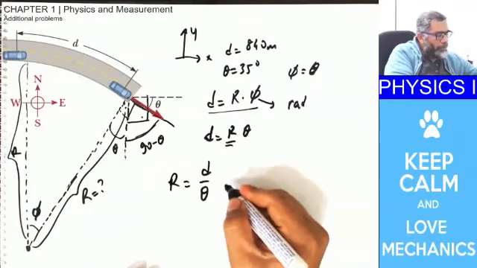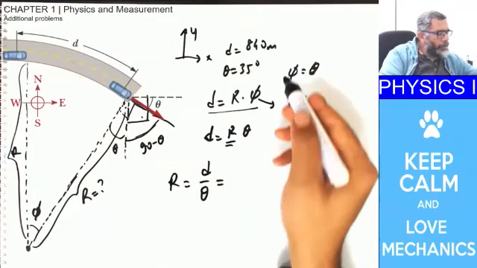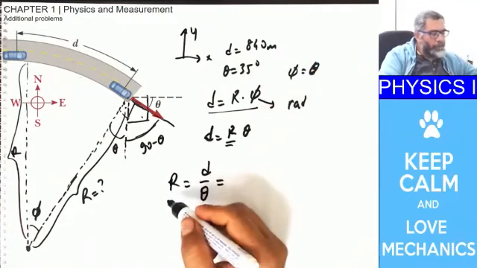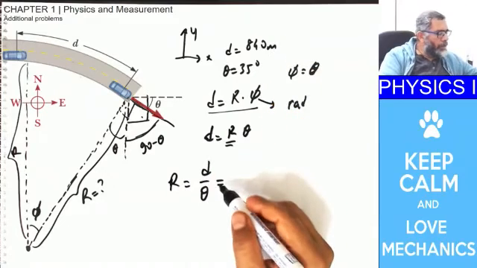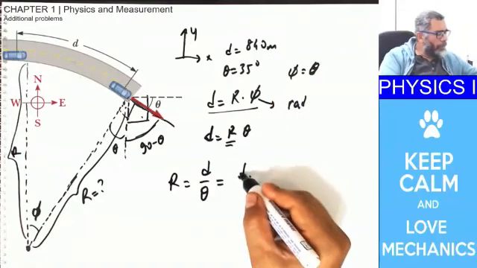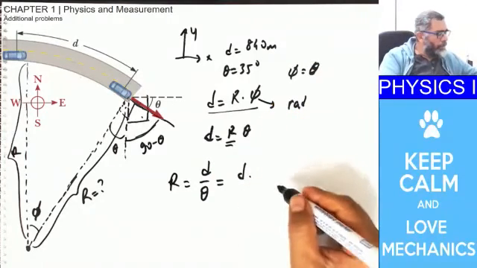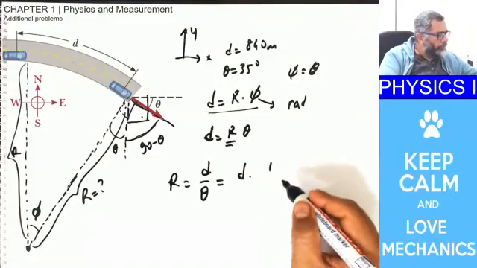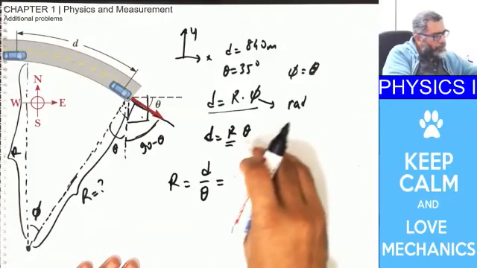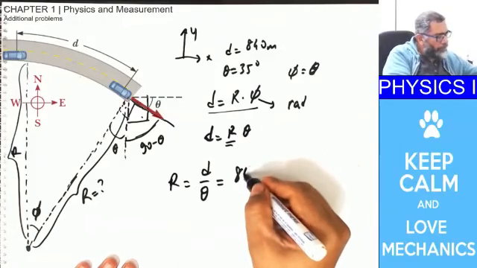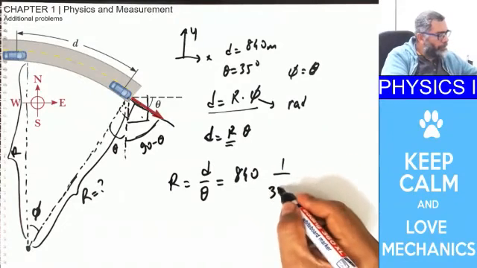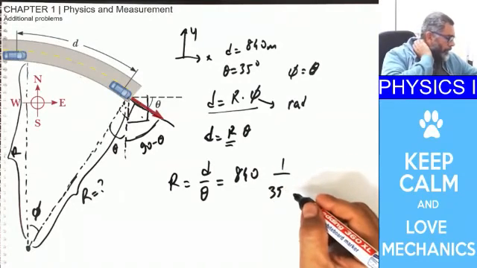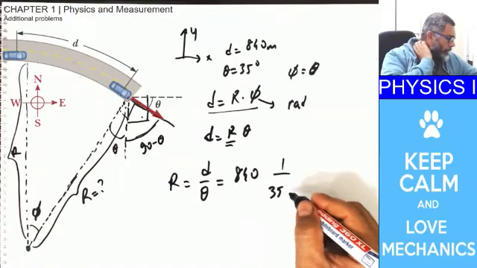And d is already given, because you want to find r in meters. d multiplied by 1 over theta. Let me put in these numbers. d is 840 meters, and theta is 35 degrees, but as I said, you have to convert this to radians.